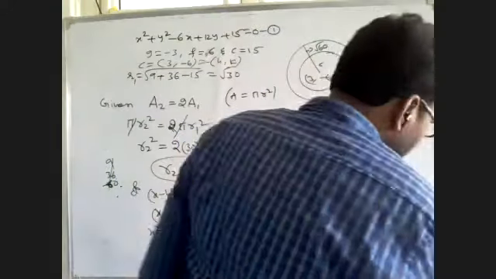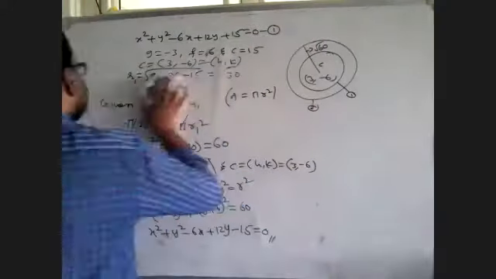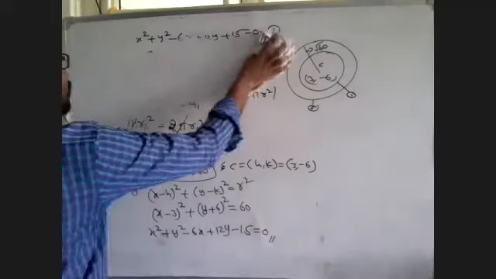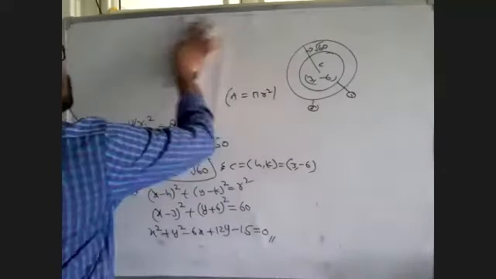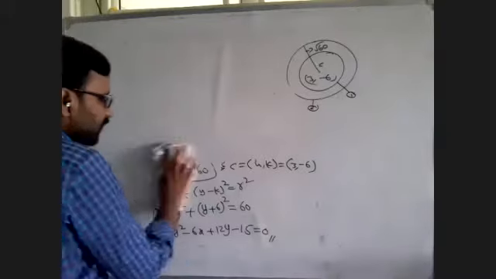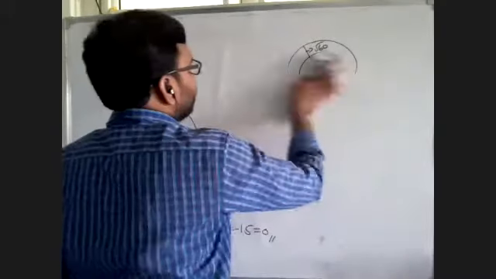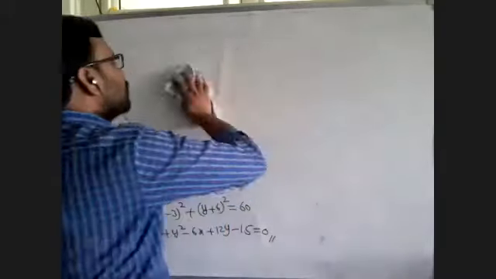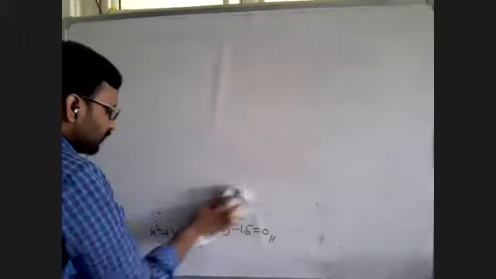Next, concyclic points. If the points A, B, C, D lying on the same circle, then they are called concyclic points.